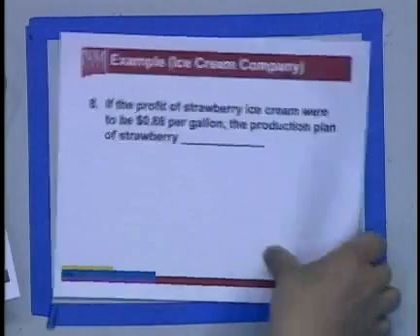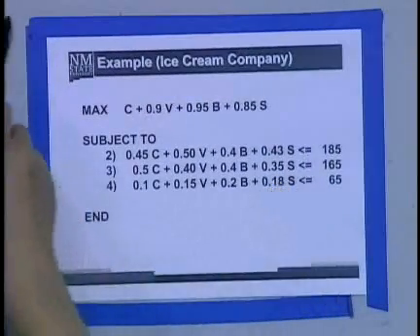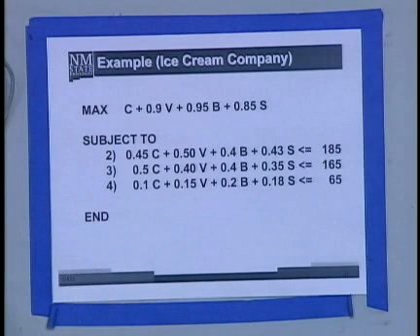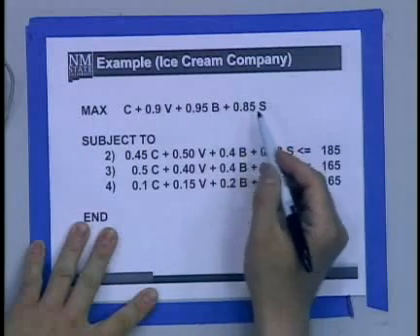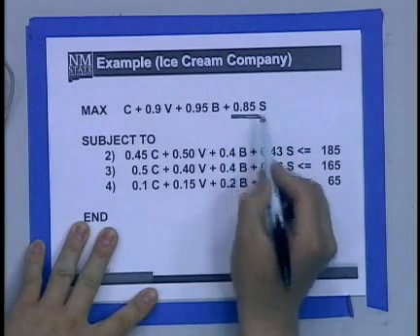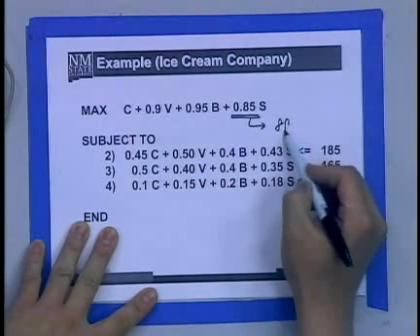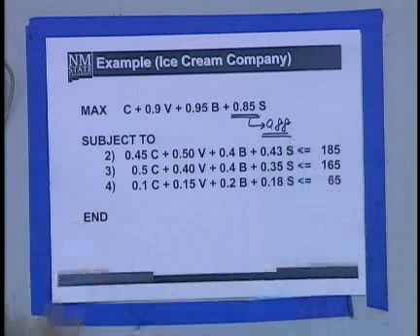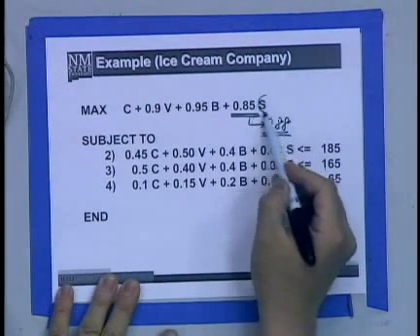So what Lindo output we need to use to answer this question? Okay, so the profit of strawberry ice cream has been changed to 88 cents per gallon from 85 cents per gallon, right? This change means an increase of 3 cents in the objective coefficient of the variable S. Is that correct?